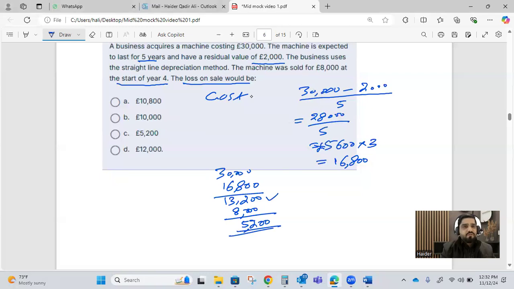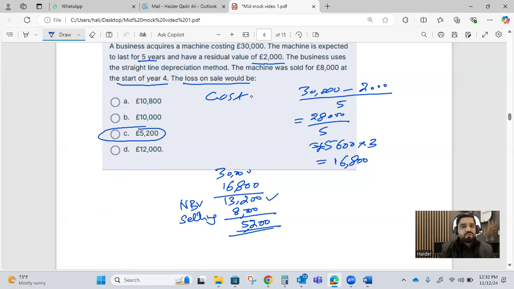So we will see 5,200 is the option. That's the loss on disposal. Very easy. So in this type of question, just calculate depreciation for 1 year, multiply by the number of years you want, and then deduct this accumulated depreciation from the cost of the asset. This gives you the net book value of the asset. And then this is the selling price of the asset. If the selling price is higher than the net book value, it is a gain.